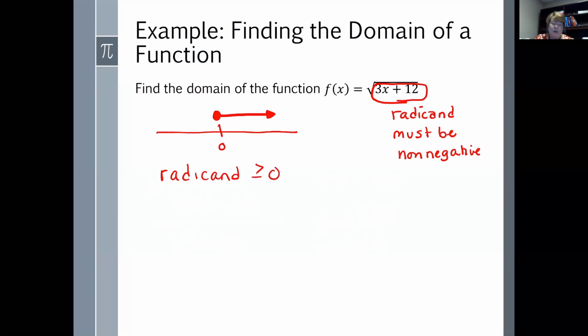Okay, so in our case, we have 3x plus 12 is greater than or equal to 0. The radicand must be non-negative, and this is a linear inequality. You can solve that using the rules for solving a linear inequality. I'm going to subtract 12 from both sides.